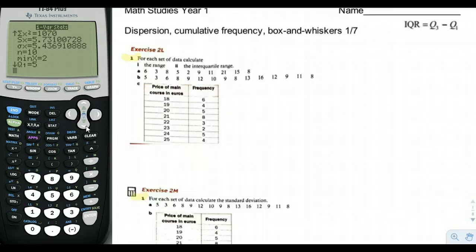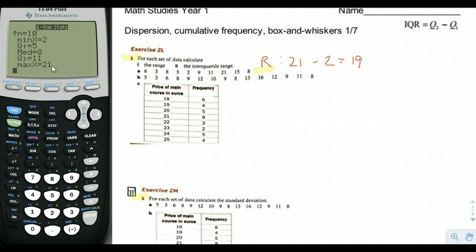The max is 21. So the range is equal to the max minus the min. The max is 21 and the min is 2, so it's equal to 19.